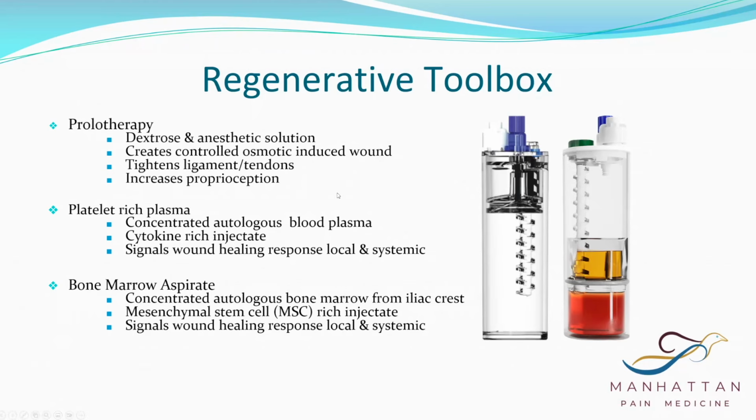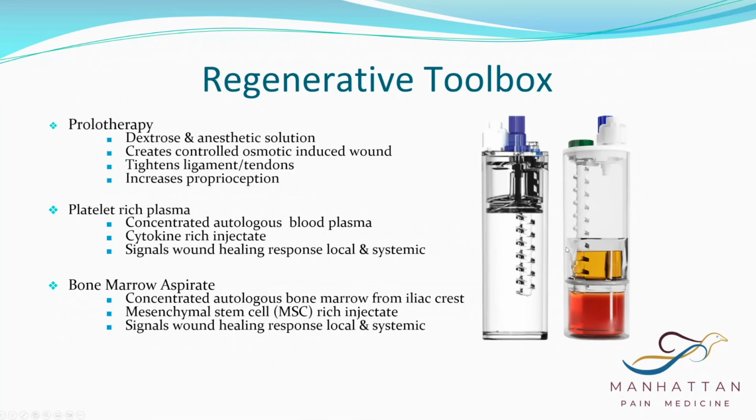The picture we have here on the right side is the tubes that we use to concentrate the plasma, and the nice amber colored solution there is what we get after we've spun it down in the centrifuge, and that's what we inject into the painful area.